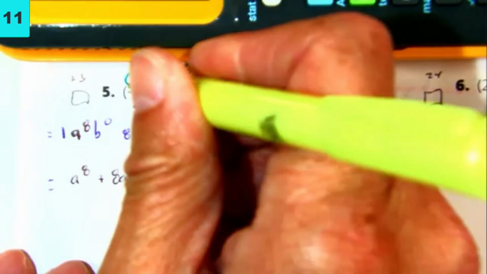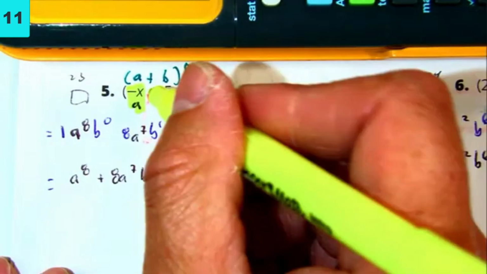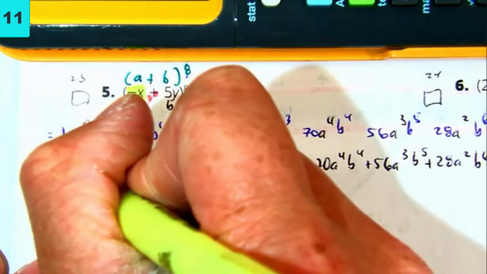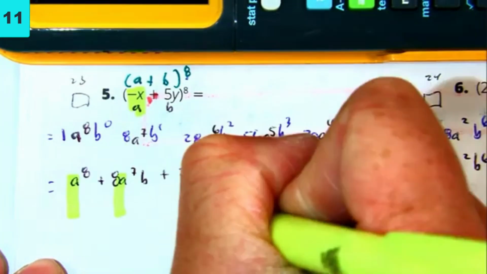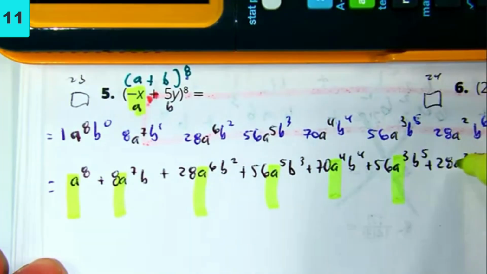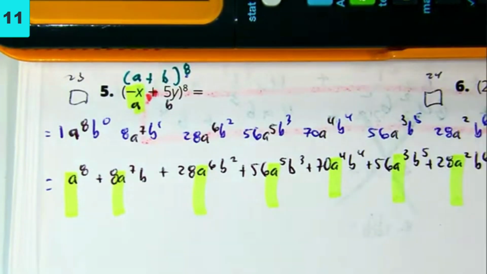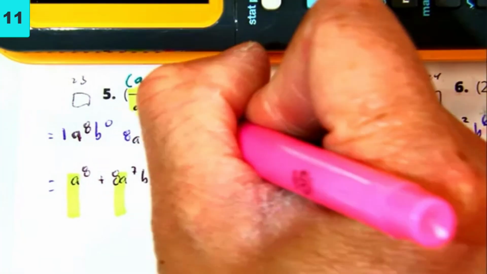Now, it is highly important that as you do the substitutions, you put them into parentheses. So the longest problem of the year just got longer. And every B value is going to be 5y.